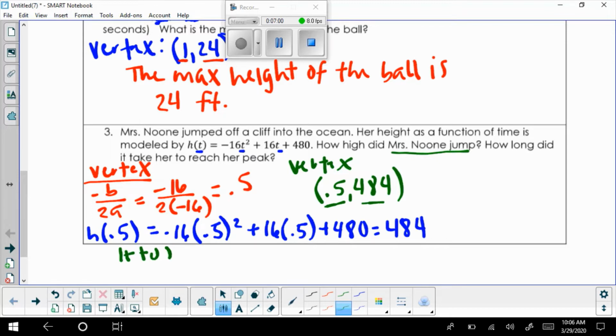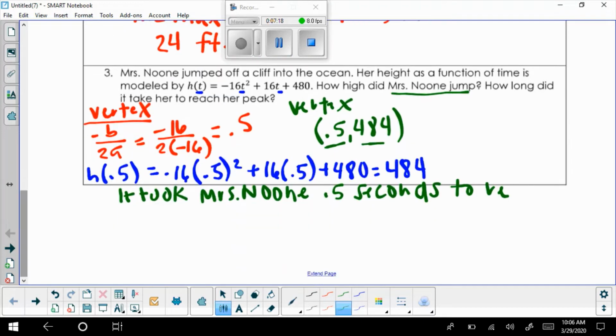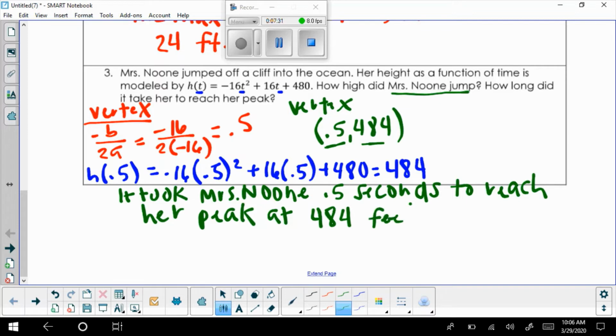So it took Miss Noon 0.5 seconds to reach her peak at 484 feet.